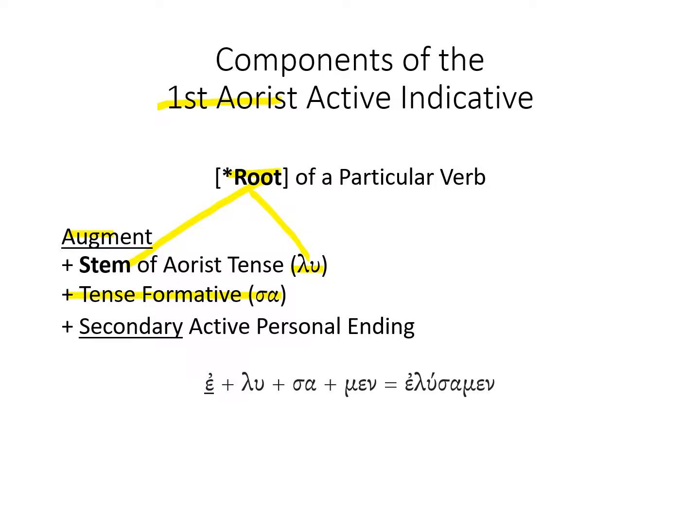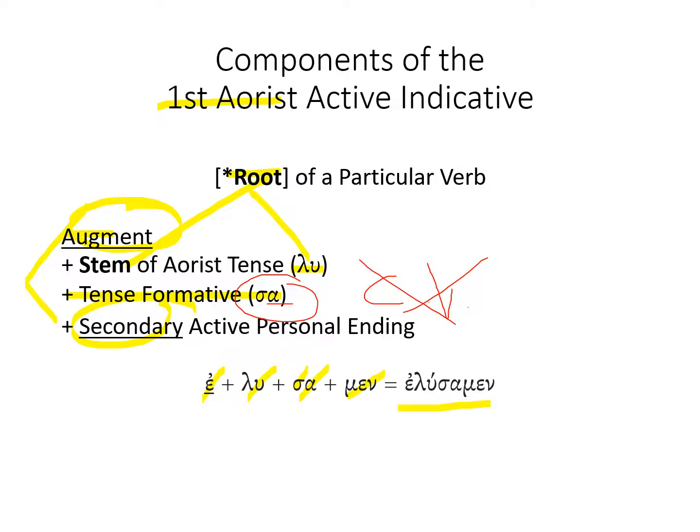Because this tense formative includes a vowel, we don't need a connecting vowel. We can do away with that because of the alpha right there. And whenever we have an augment, we have what kind of ending? Secondary. Those will always go together. So our augment, our stem, aorist active tense formative sigma alpha, secondary ending: eluosa.